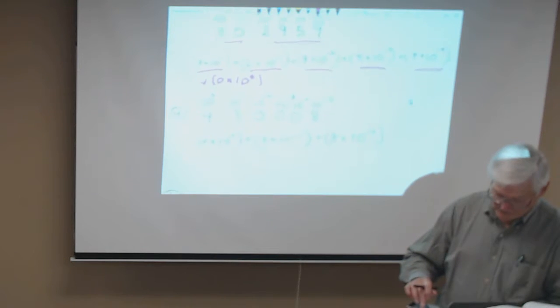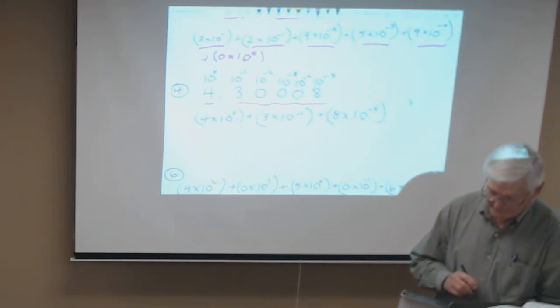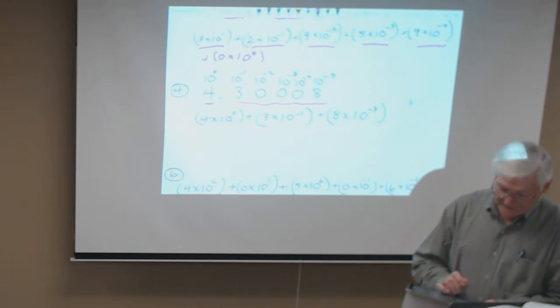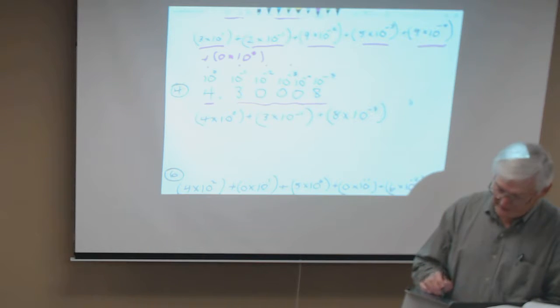Number 4. So it has 4 and then 30008. So I do the same thing. 10 to the 0, 10 to the minus 1, 10 to the minus 2, 10 to the minus 3, 10 to the minus 4, 10 to the minus 5.